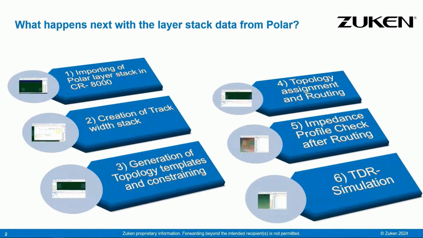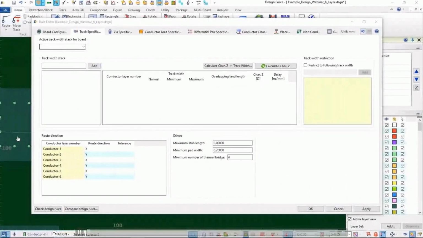The next step is creation of track width stack. That means we want to define how the width of the tracks are in our system, and this is done also in the rule editor as well.